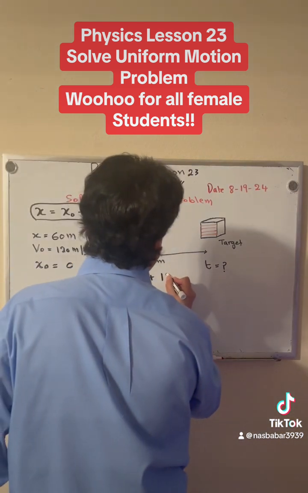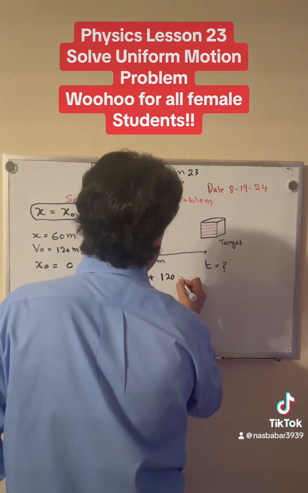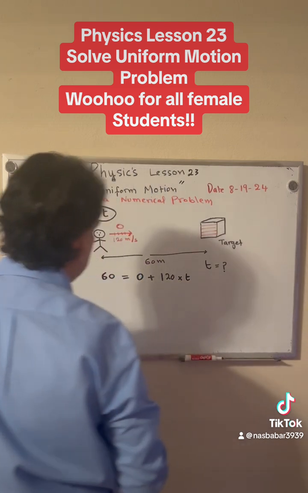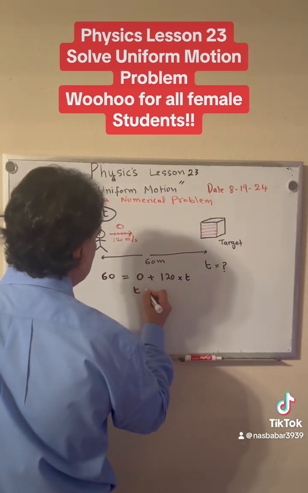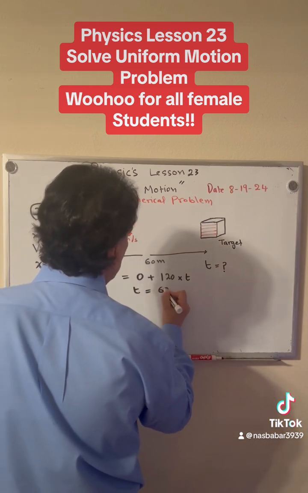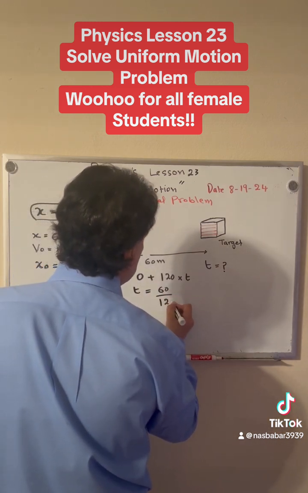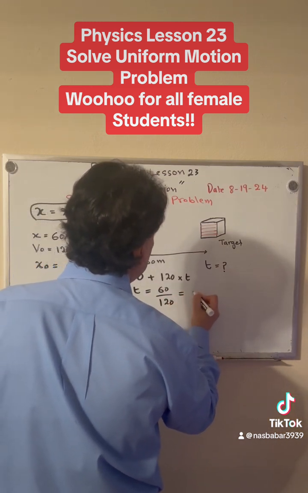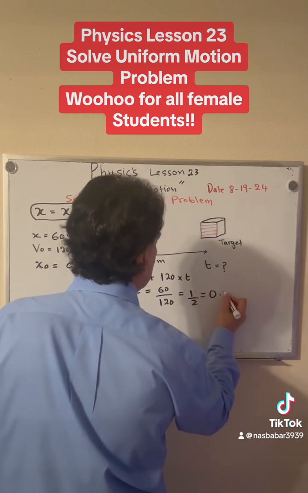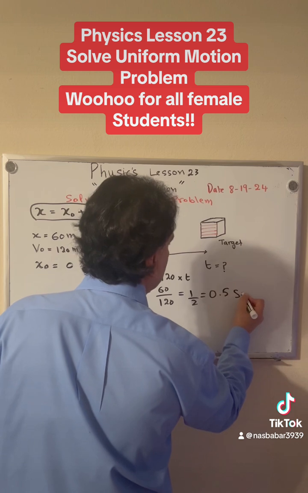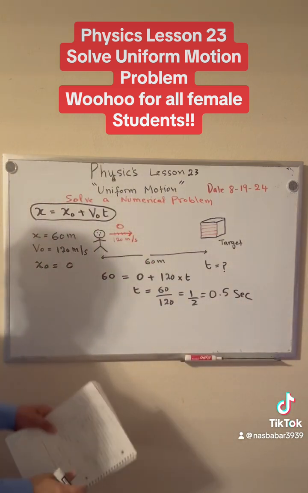So 120 times t. If you solve this, do some algebra, t is equal to 60 over 120, which is basically half a second, or you can say 0.5 seconds. Well, that's pretty good.